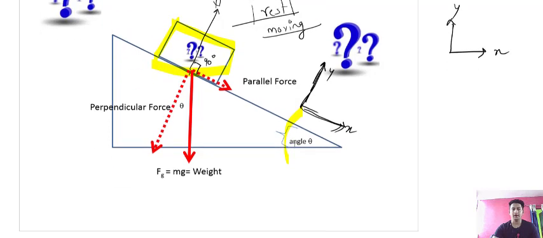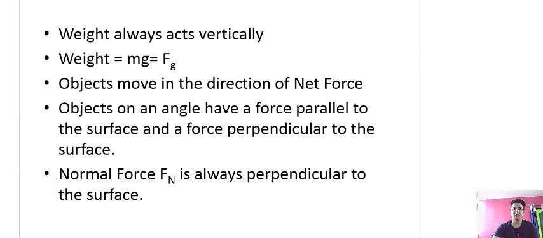Now, for an inclined plane, weight always acts vertically downwards. That has already been discussed.